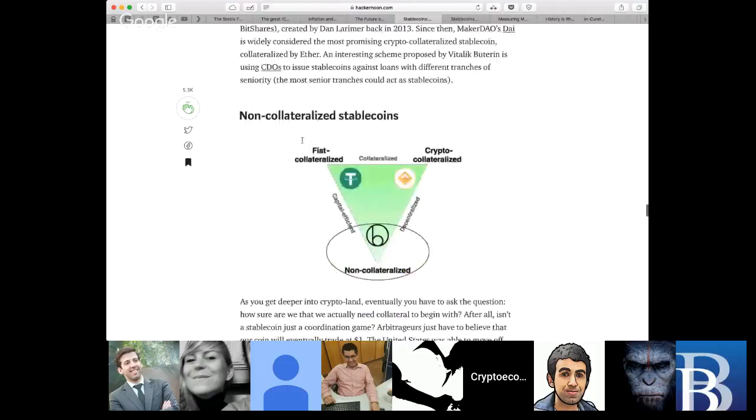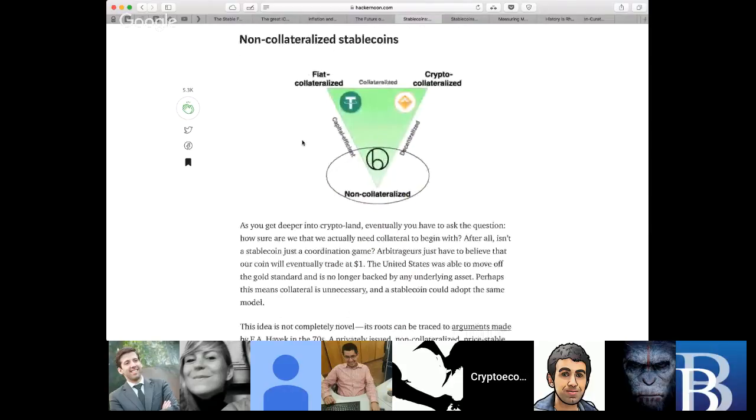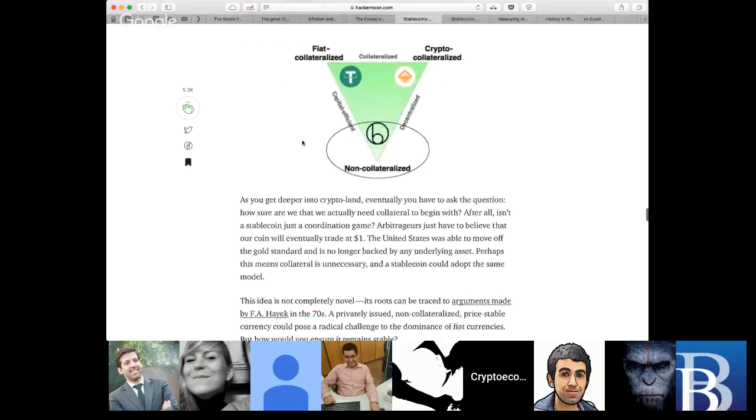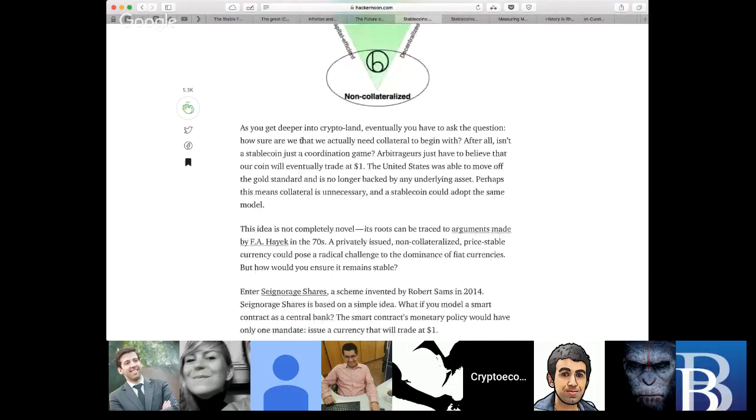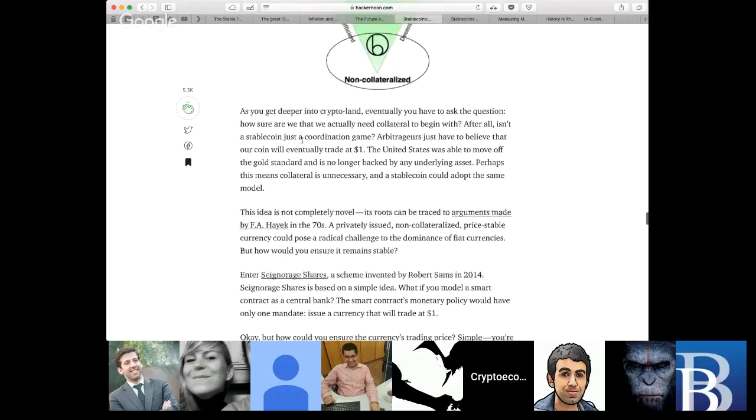Okay, so the third category of stablecoins is the one where you don't use any collateral. Why is that? Most fiat currencies don't use collateral.